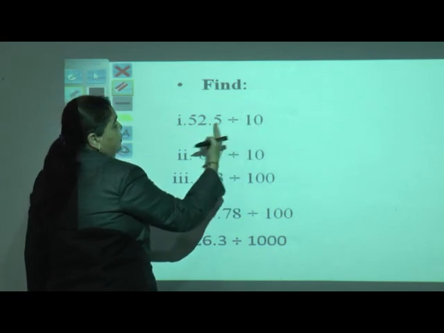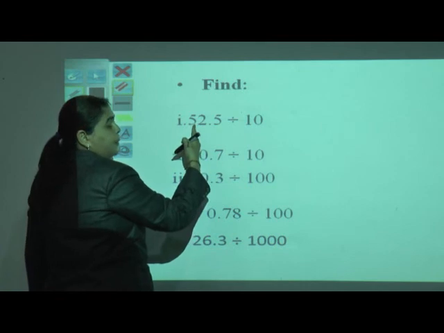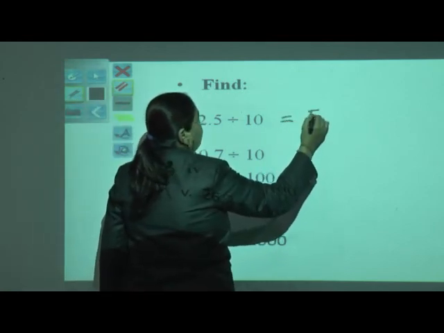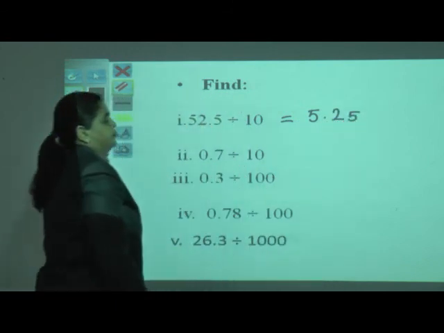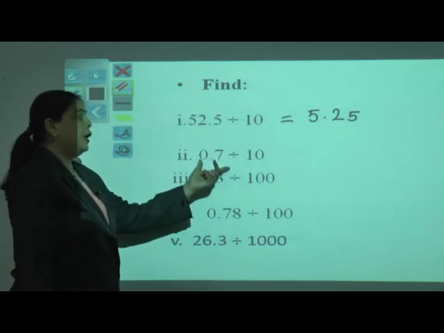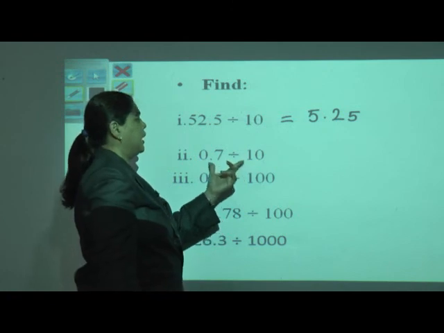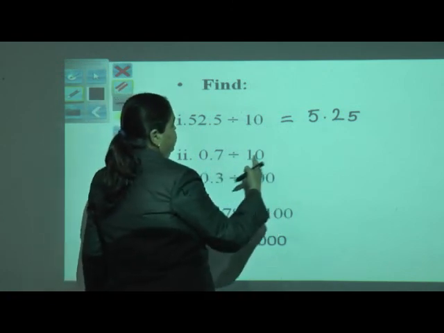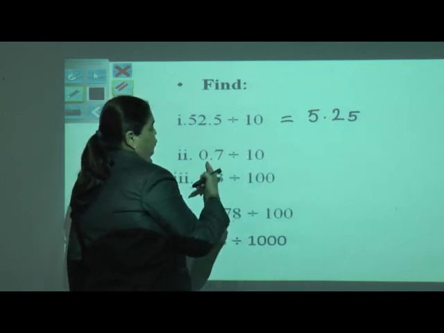It is 10, so it's 1 0, so the decimal will go 1 place back, toward the left-hand side, so it will be 5.25. Here I will give the stepwise method also, and I will show you both. We will write first in the stepwise method, then confirm our answers directly.